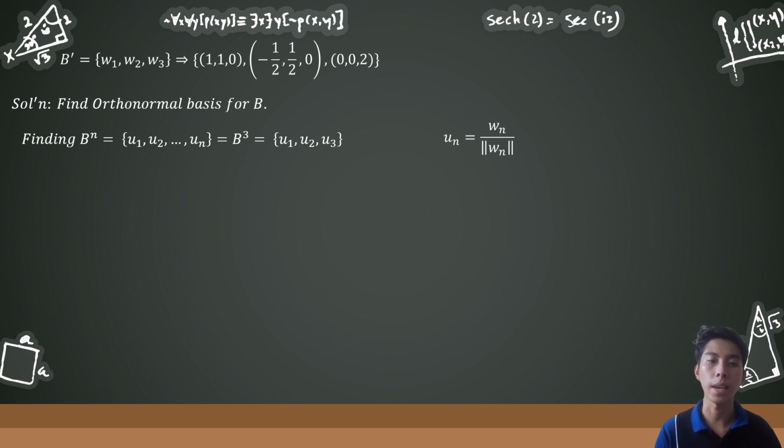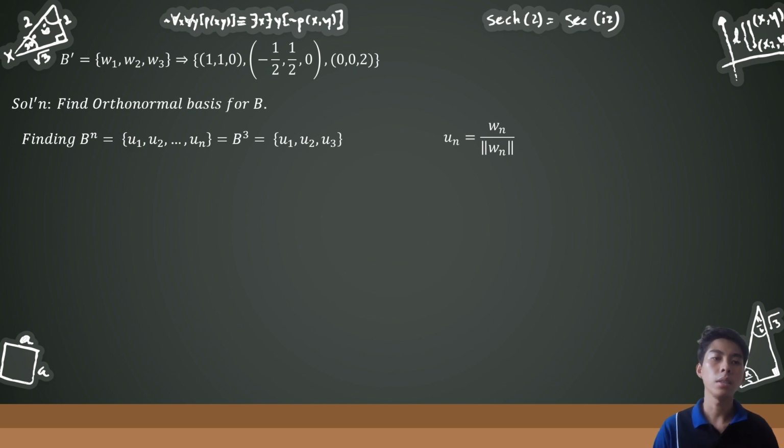We have u sub n is equal to w sub n over the unit length, or unit magnitude, or unit norm of w sub n.